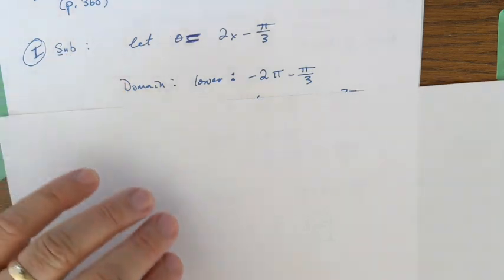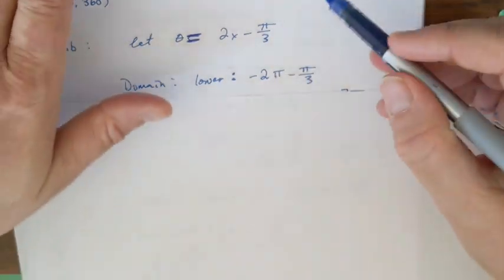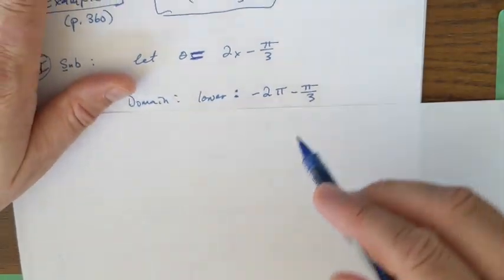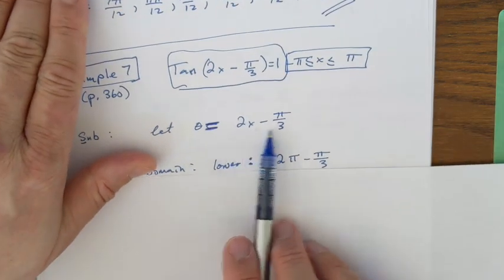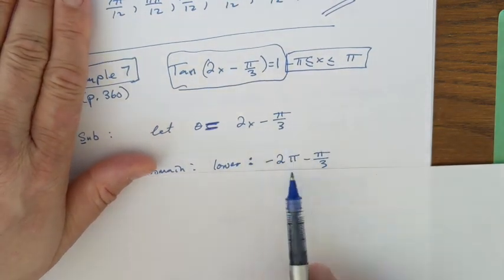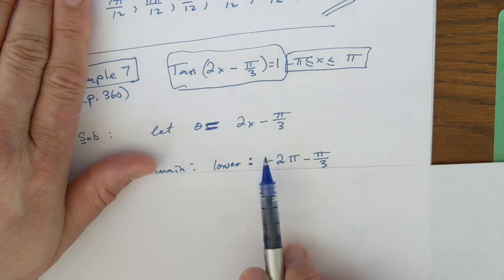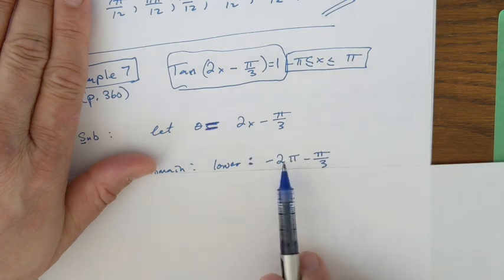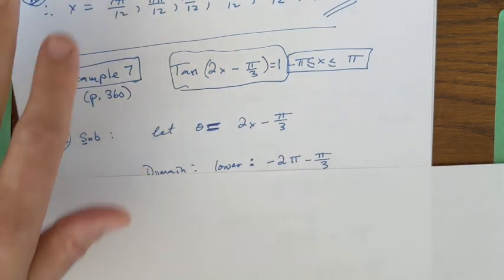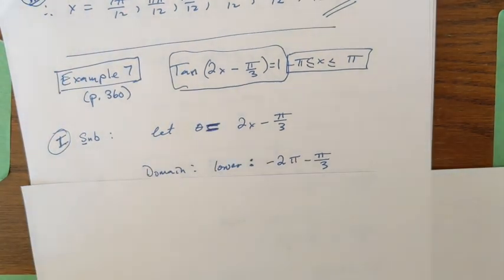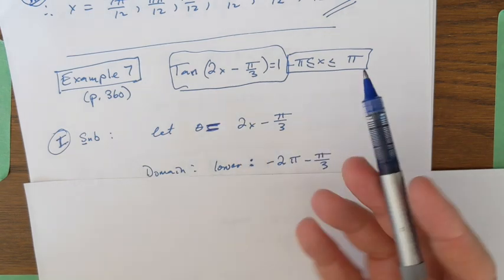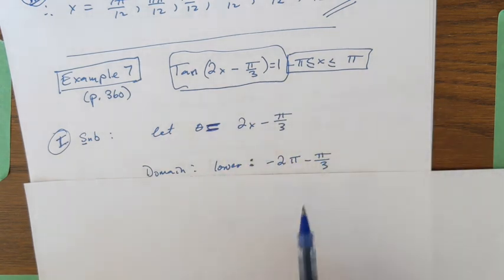So the domain they gave us is between negative pi and positive pi. So on the lower side, if we take this, 2x minus pi over 3, and you apply that to negative pi, you get negative 2 pi minus pi over 3. And that's on the lower part of the domain that they've given you.